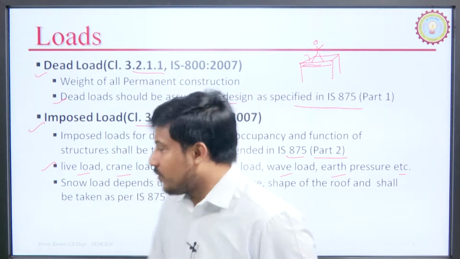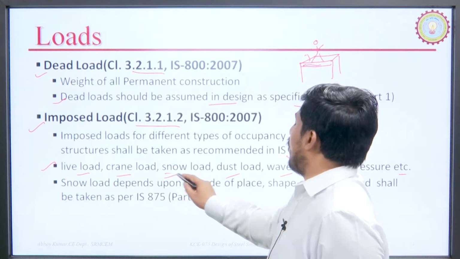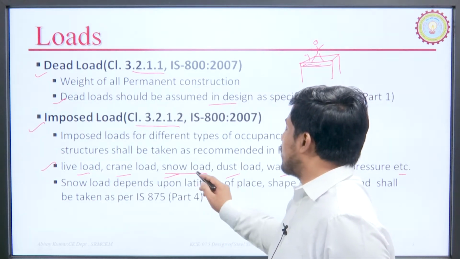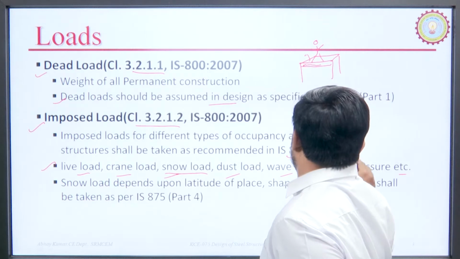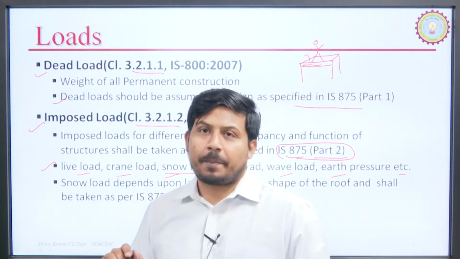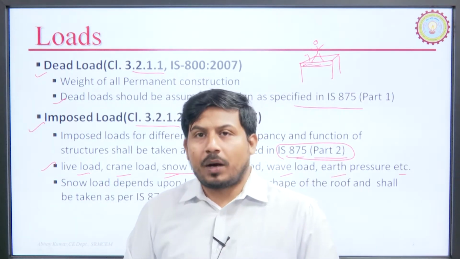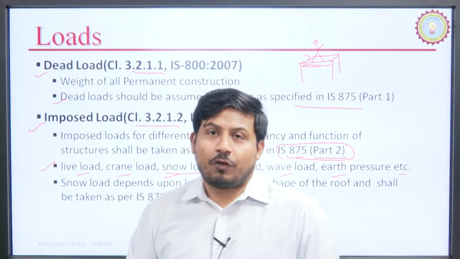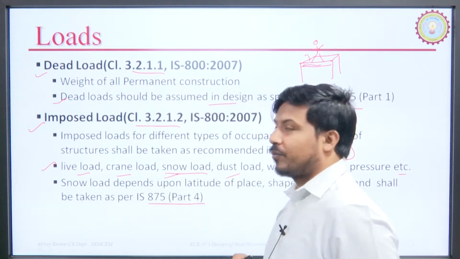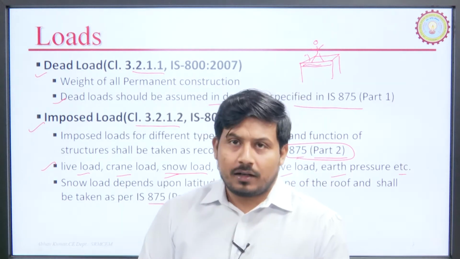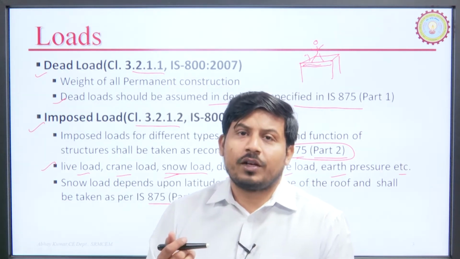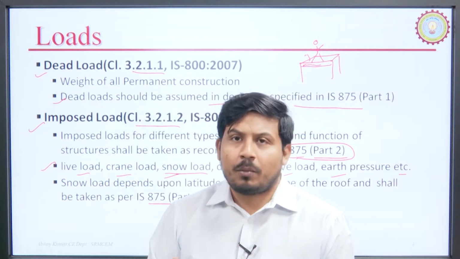Also, though imposed load contains snow load, snow load is not considered in part 2 of IS 875. There is a dedicated part of IS 875 for the snow load only, that is IS 875 part 4. So, while considering the snow load, we will focus on IS 875 part 4.